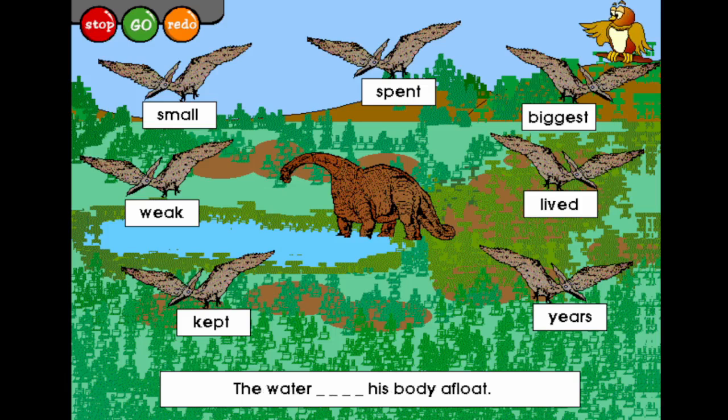Click on the word that best fits this sentence. Kept. The water kept his body afloat. Spent. Brontosaurus spent his life in the swamp.